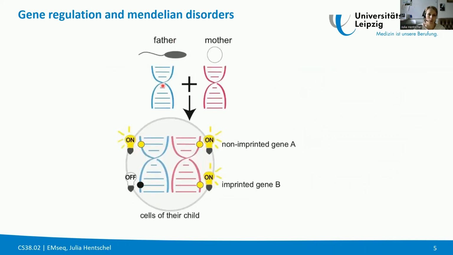Normally we get one copy of each gene from the mother and the father when we only focus on the autosomes, and each of those copies can be read out when we look at non-imprinted genes. But for imprinted genes, we have a copy derived from one parent which is silenced by methylation, so it's off. And when we then have a variant on the active copy, that can lead to the classic imprinting disorders.